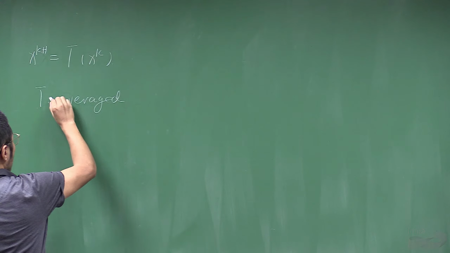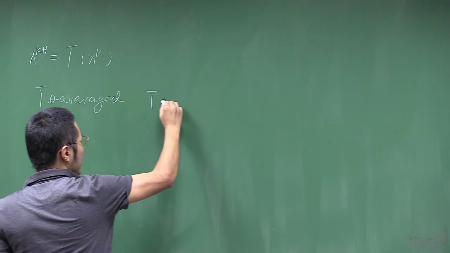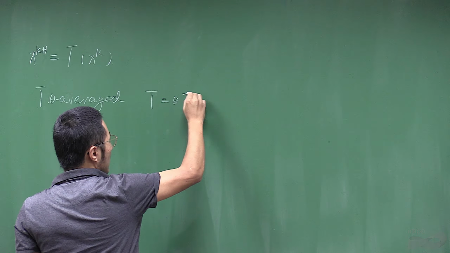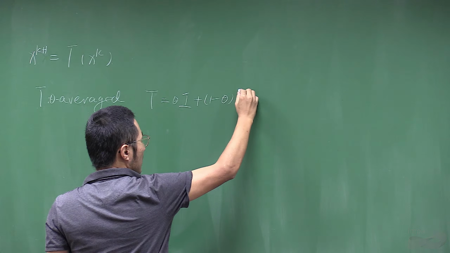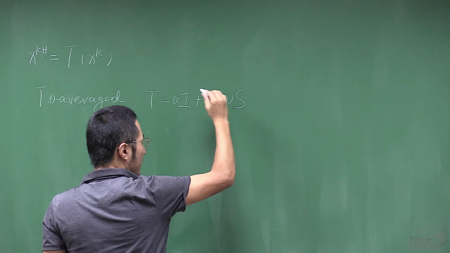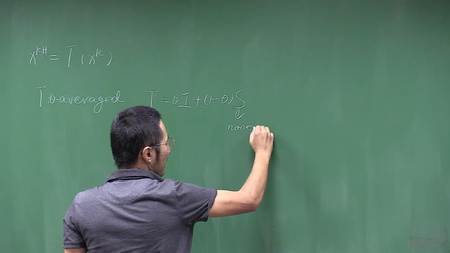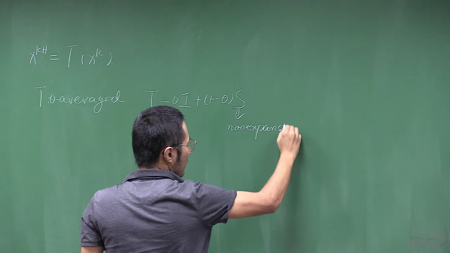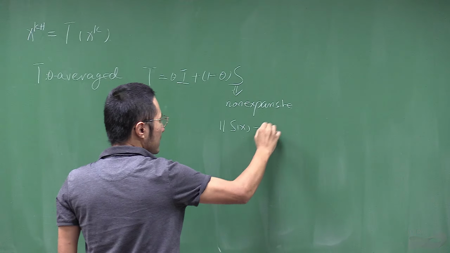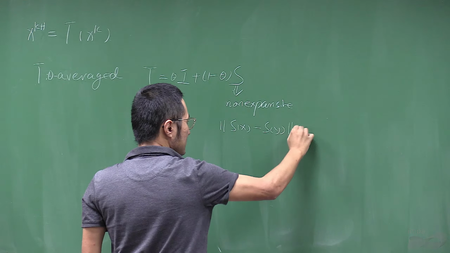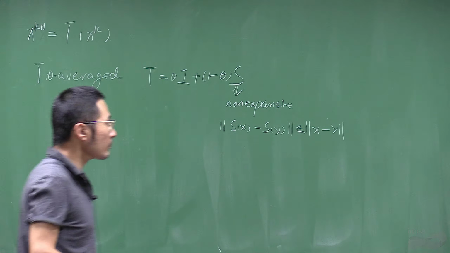It could be a theta-averaged operator, which means T equals theta times the identity plus (1 minus theta) times some operator S, and here S is called a non-expansive operator, which satisfies the norm of Sx minus Sy is less than or equal to the norm of x minus y.